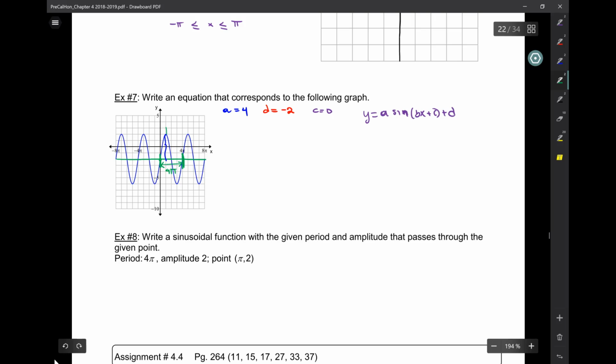I could also pick this, and that distance will also be 4 pi. Or this and this, all right? Two corresponding points. So the period is 4 pi.